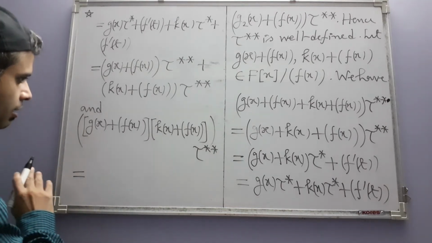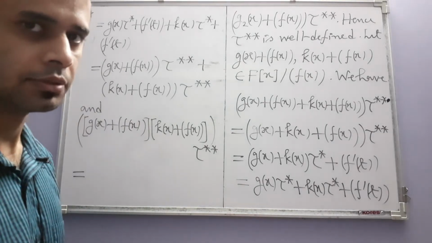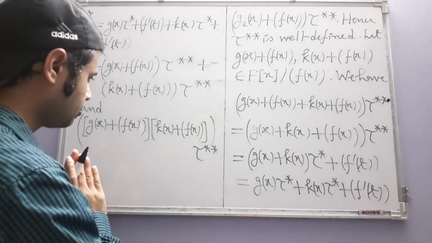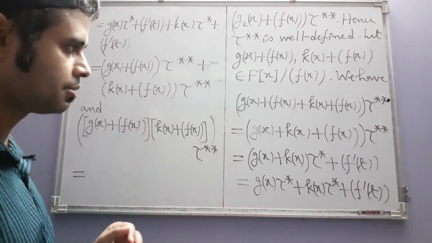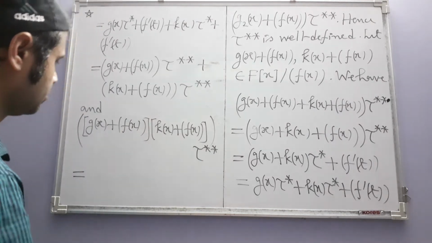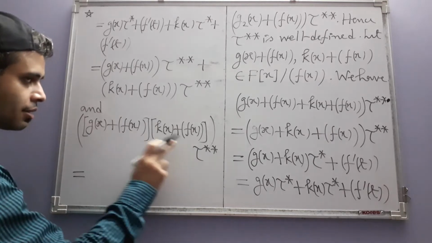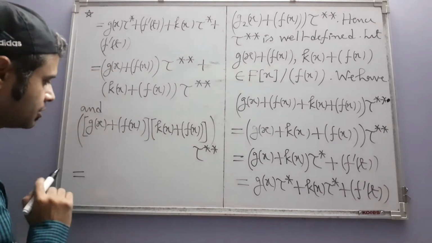In this jungle of symbols, do not lose track of what you are doing. You should be absolutely clear about what these symbols mean, what they represent. We are multiplying again two cosets of ideals, and on that product we are applying tau double star.